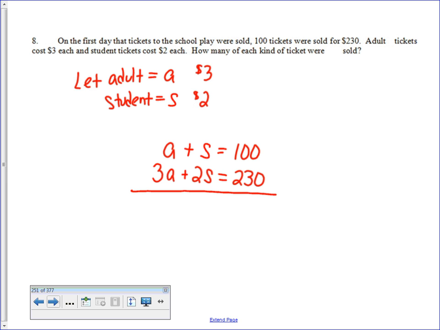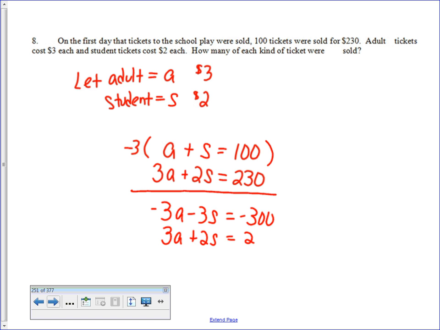Personally, I like to use elimination, so I'm going to take my top equation and multiply it by a -3 to eliminate my a's. And I'm going to multiply that through, rewrite that bottom equation. And now I end up with -1s to equal -70.